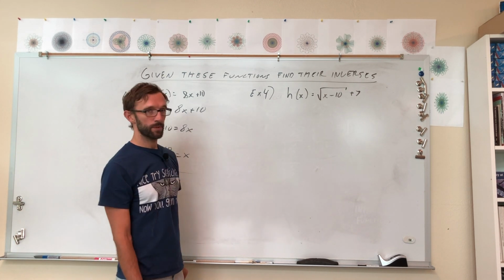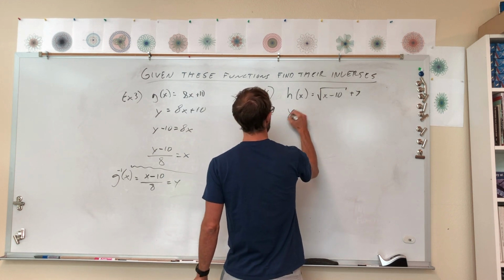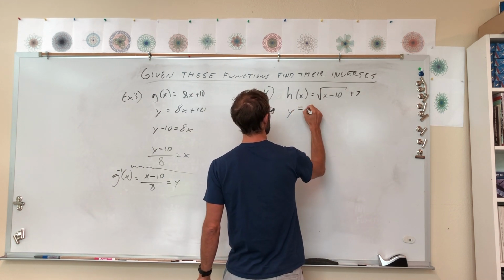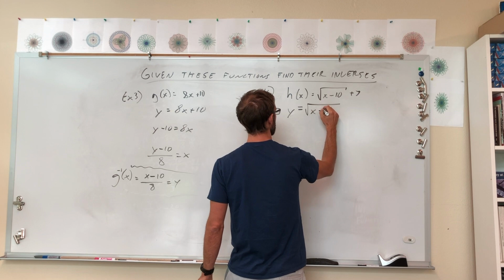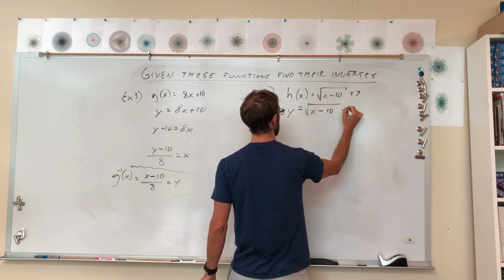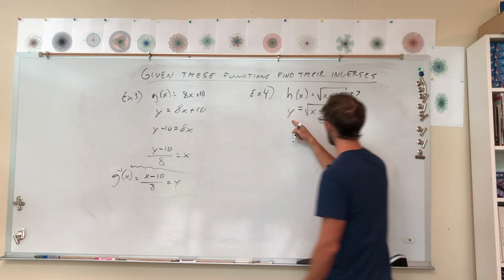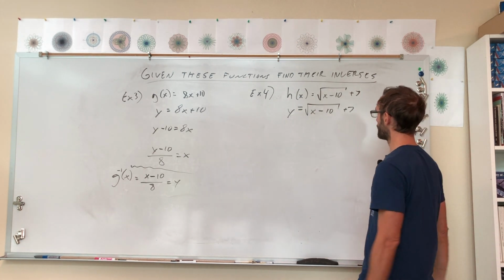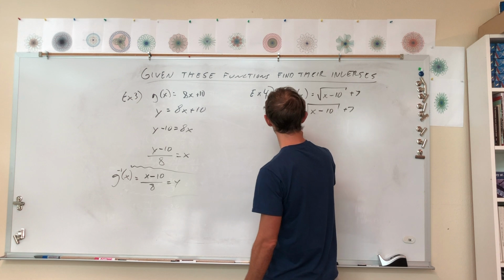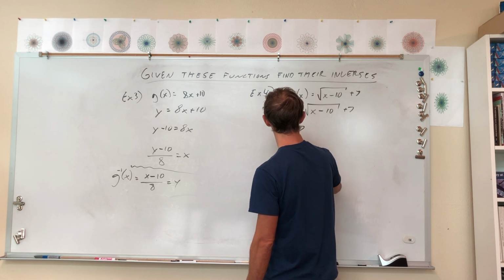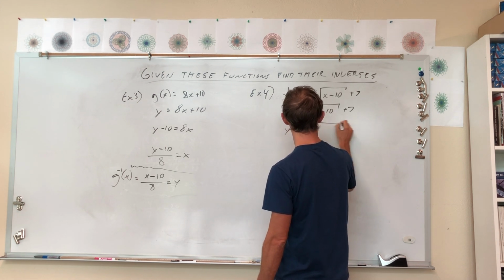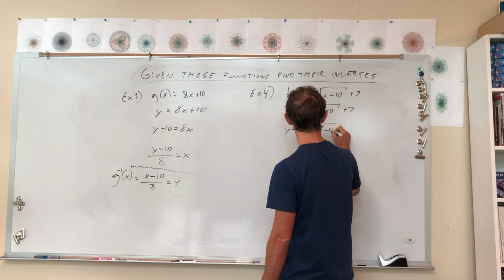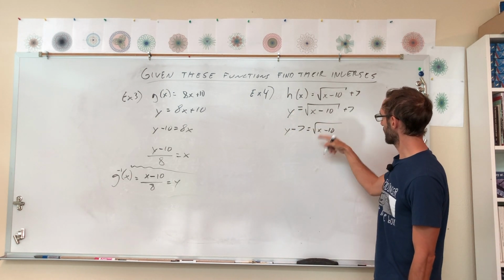All right, for this last one, I'm going to rewrite it where h of x is y, just easier for my brain to handle. And we're going to subtract 7. All right, then we're going to square each side.